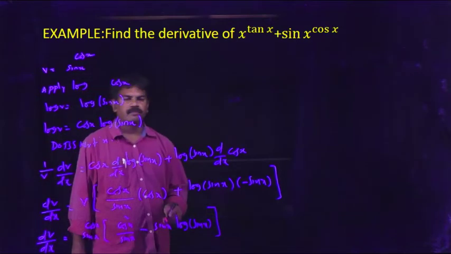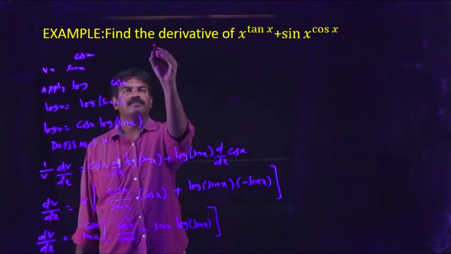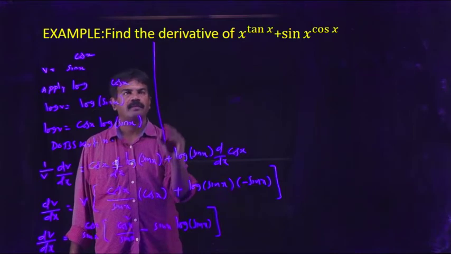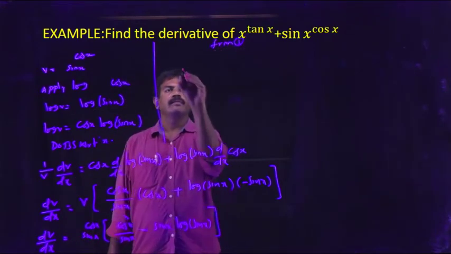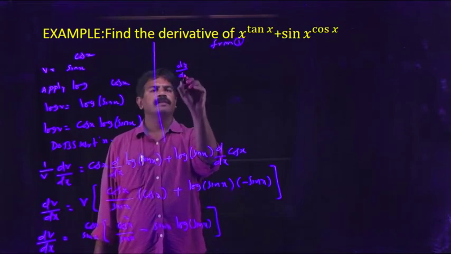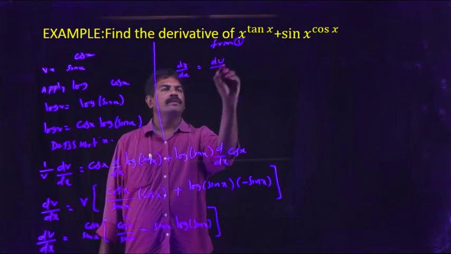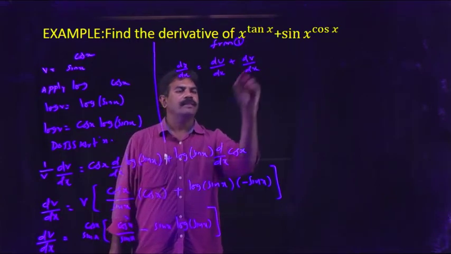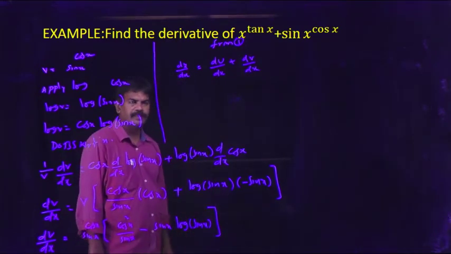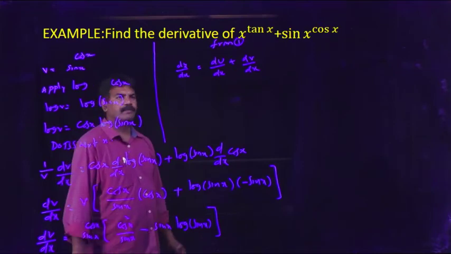From equation 1, we have dy by dx is equal to du by dx plus dv by dx. Already we found du by dx and dv by dx.